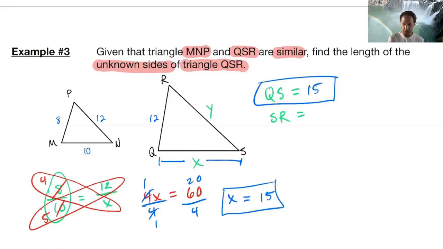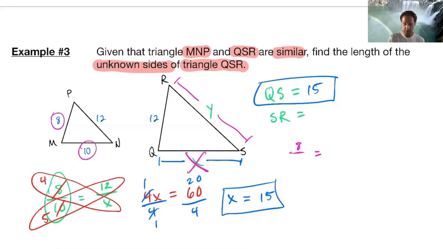Doing something similar for SR, which we called Y, we can set up that 8/10, which since I already found it here, I don't want this. So instead of 8/10, I'm going to have to do 8 over what?